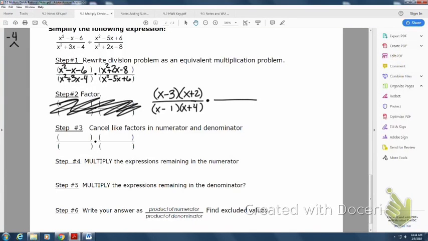Alright, so on those you should have gotten x plus 4, x minus 2. The denominator is one that some people struggle with. You should have gotten x minus 3 and x minus 2.